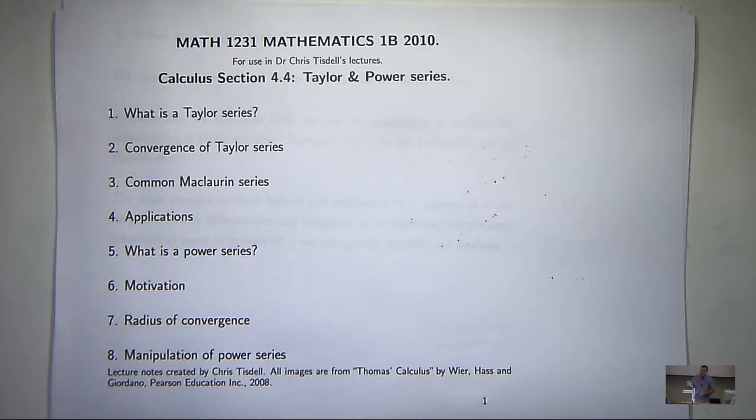Now, we're ready to make the next jump to so-called Taylor series. Instead of adding up things and getting a polynomial, just keep on adding. You're adding an infinite number of things together. So we're going to learn what is a Taylor series, how they're useful, and we're going to calculate some.